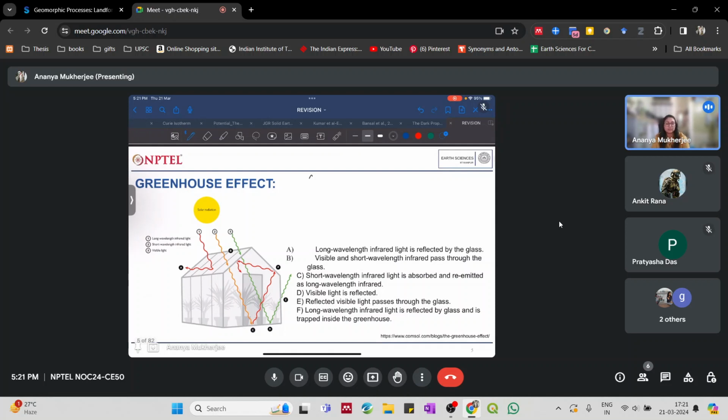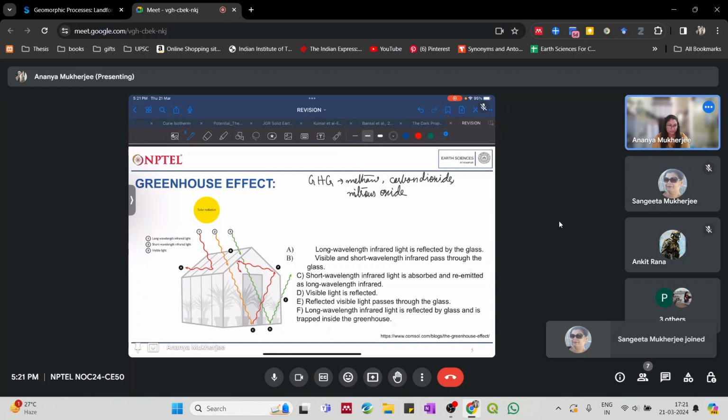So what are the greenhouse gases? So greenhouse gases, you have methane, and then you have the carbon dioxide, and you have the nitrous oxide, water vapor, as well as your CFC.